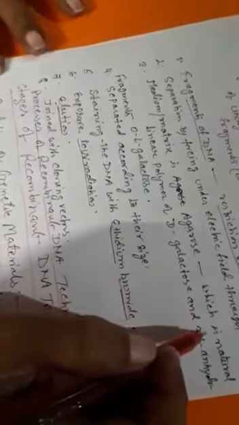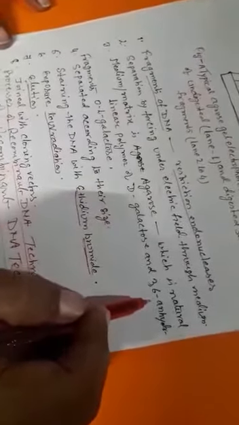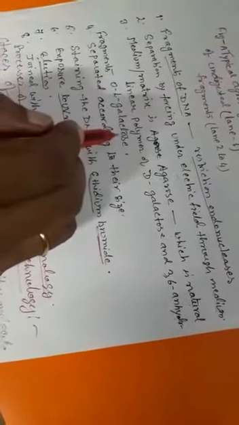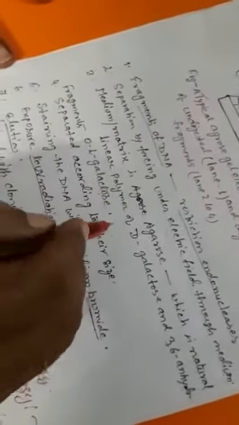Agarose is a natural linear polymer of D-galactose and 3,6-anhydro L-galactose, which is extracted from seaweeds.